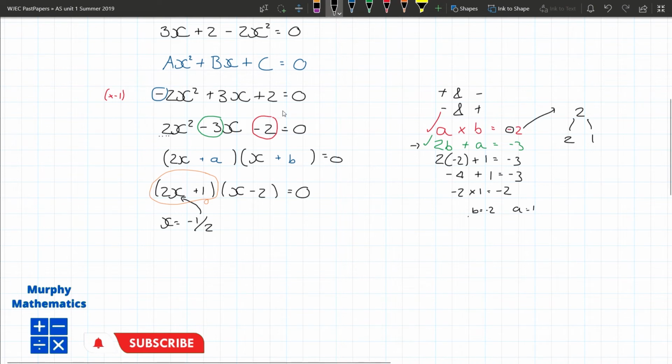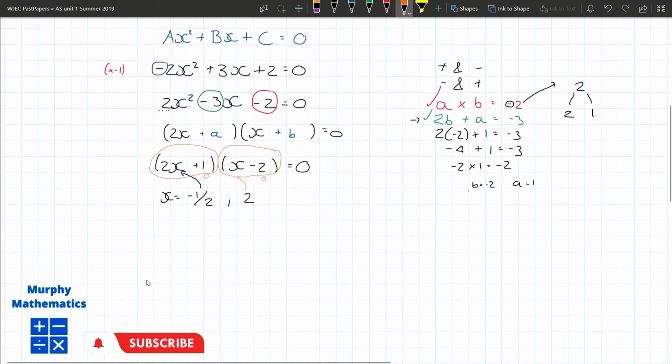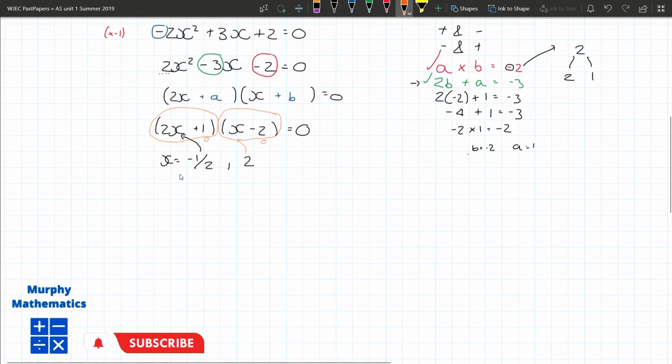If we did the same for this one, x equals positive 2. If I put x equals 2 into this bracket, I'm going to have 0, and the whole thing will then equal 0, because 0 times anything is going to be 0. Okay, so I've now got my two terms: x equals minus a half and x equals 2.